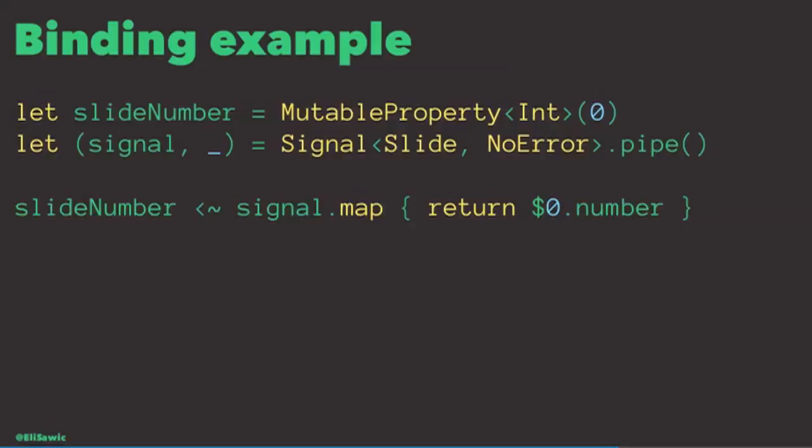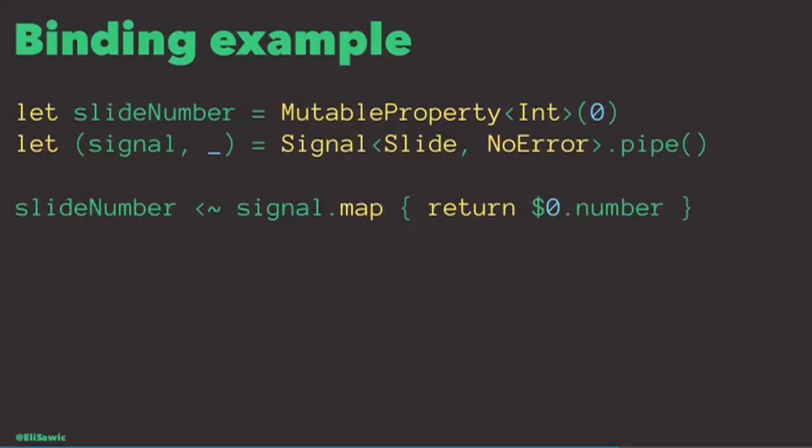And we have a signal that emits slide objects. We cannot exactly bind it to this property right now because there is a mismatch in type. But what we can do is map this signal and say, okay, this slide type does not fit here, but take the slide number and put it into this property every time a value is propagated.